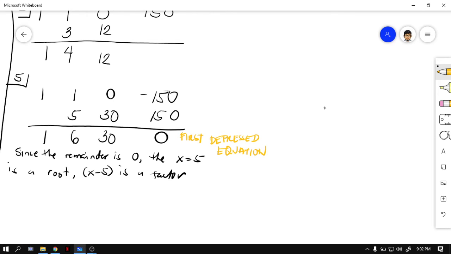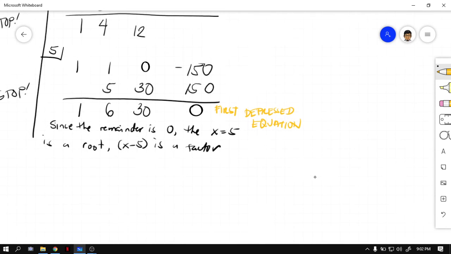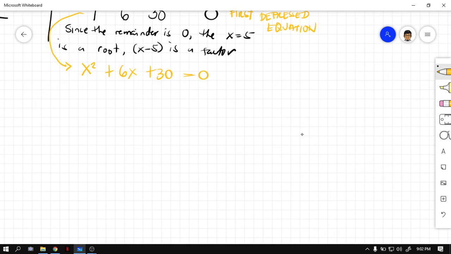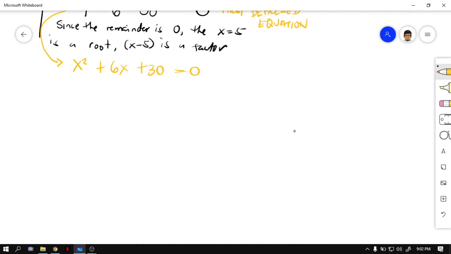So, ano yung una nating na-depress na equation? Ito. So, i-rewrite lang natin siya into equation. Ang original equation natin ay x cubed. So, ibig sabihin ito magiging x squared. X squared plus 6x plus 30 is equal to 0. Since quadratic na lang siya, we can deal with this by getting the factors of x squared plus 6x plus 30.